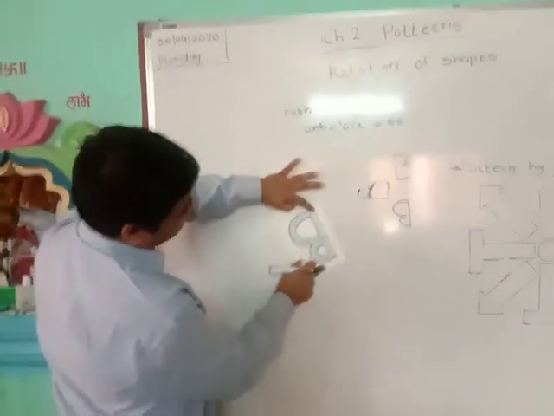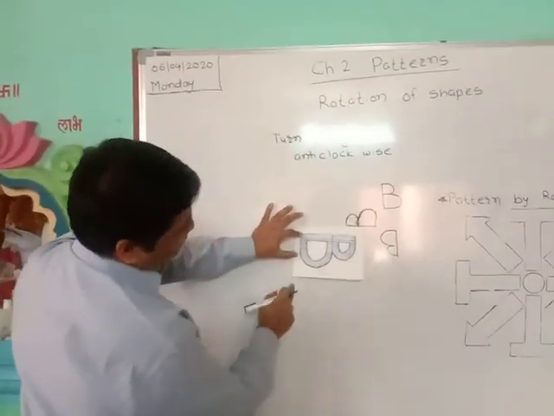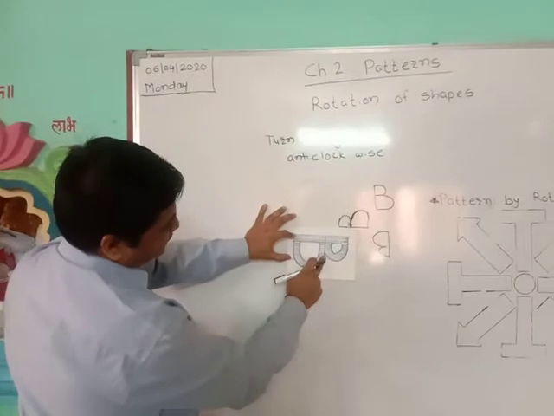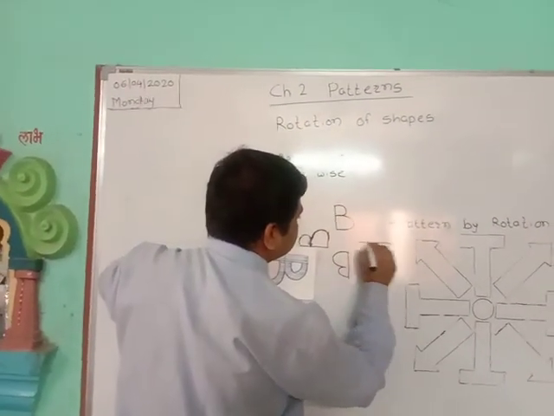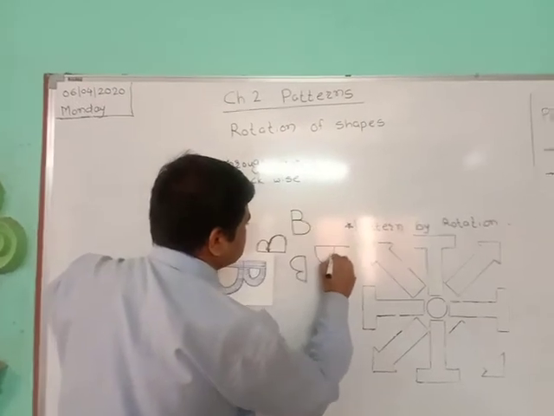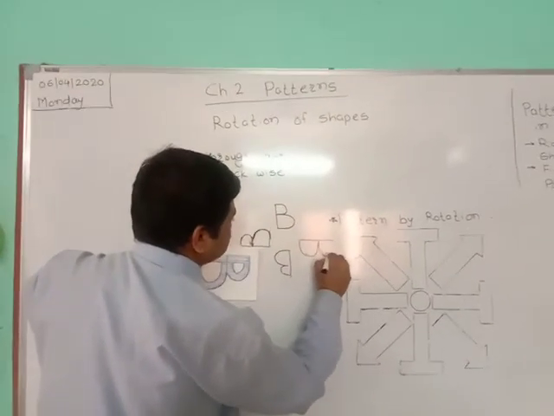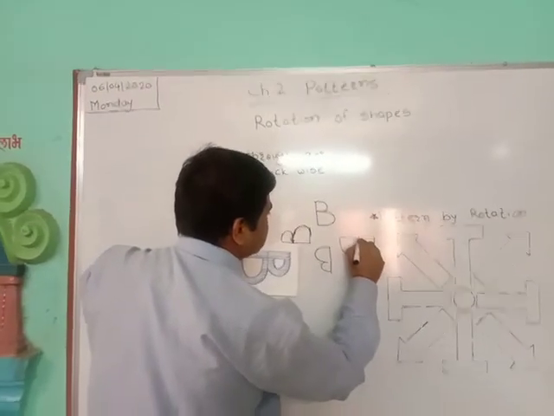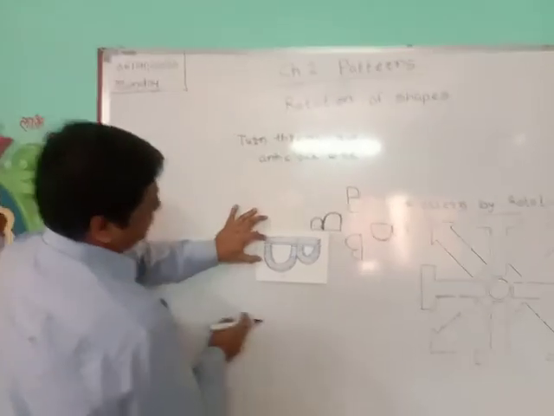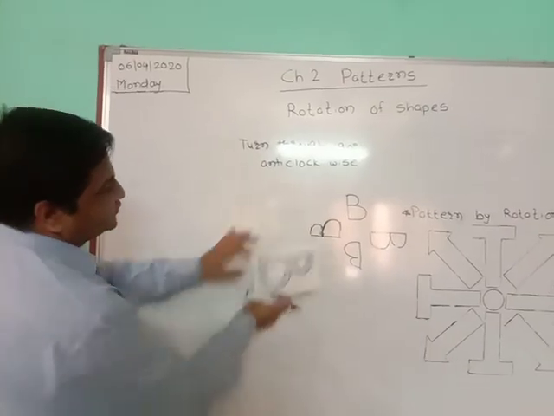It will be again B facing down, or lying down with its tummy down on the ground. So this will be the possible next position of B when it is turned through 90 degrees in anti-clockwise direction.